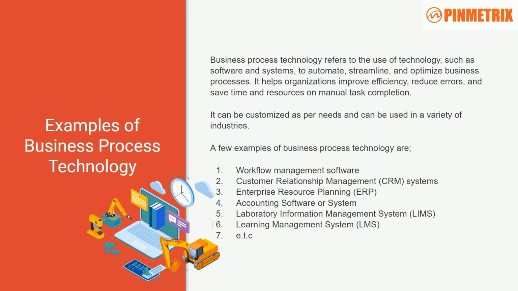It can be customized as per needs and can be used in a variety of industries. A few examples of business process technology are workflow management, customer relationship management, enterprise resource planning, accounting software, laboratory information management system, learning management system, and so many others.